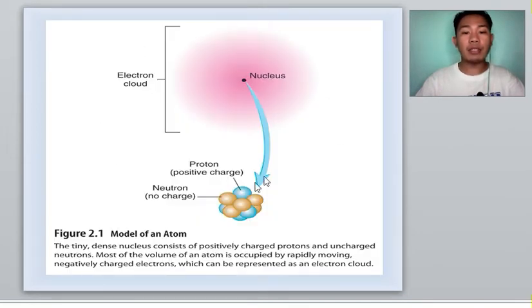This illustration depicts the tiny dense nucleus consisting of positively charged protons and uncharged neutrons. Most of the volume of an atom is occupied by rapidly moving negatively charged electrons, which can be represented as an electron cloud in this portion.